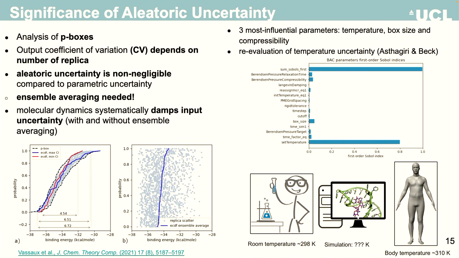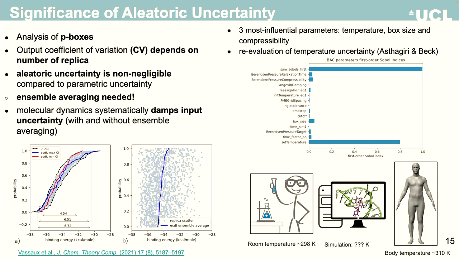This is showing what are called Sobol indices that you get out of stochastic collocation, and they're the first order ones, because you can get second order ones as well. Basically, the larger the histogram bar, the more dominant its contribution to the uncertainty in the free energy. You can see one or two other ones there, which include the box size and the compressibility, are important. And all of this can be compressed into what are called P-boxes and so on.